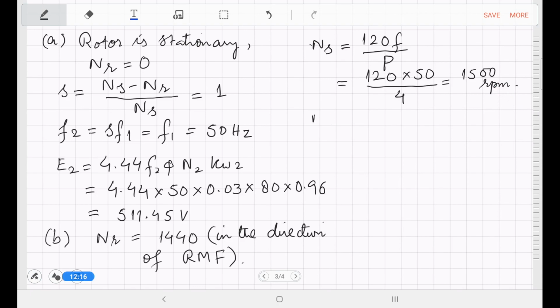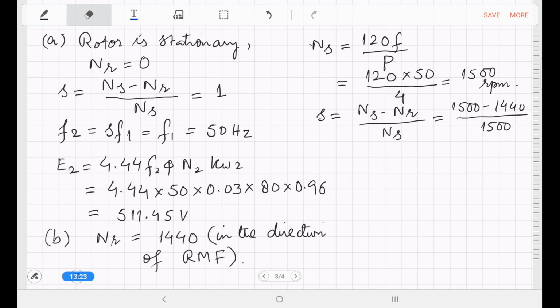And here S will be equal to (NS minus NR) by NS, which will be equal to (1500 minus 1440) divided by 1500, which equals 0.04, which is 4%.